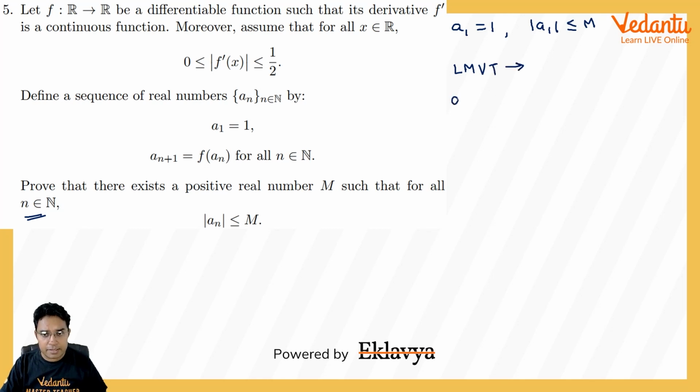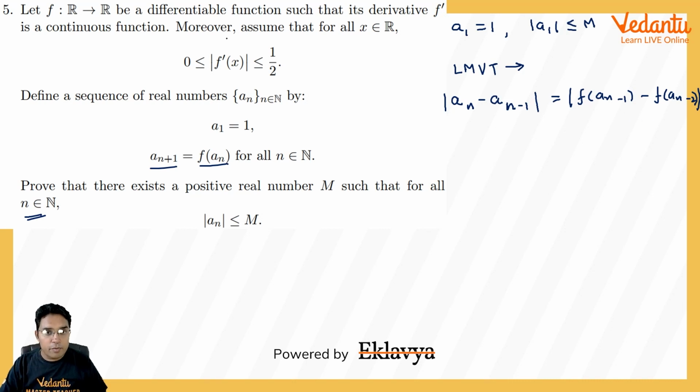First of all, please understand that |a_n - a_{n-1}| can be written as |f(a_{n-1}) - f(a_{n-2})| because of this relation.